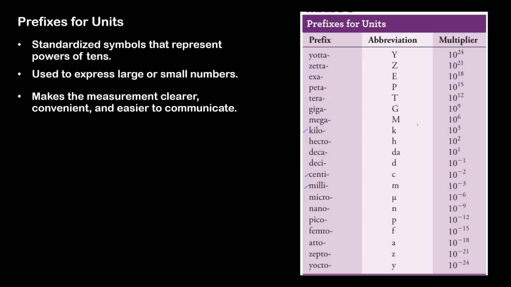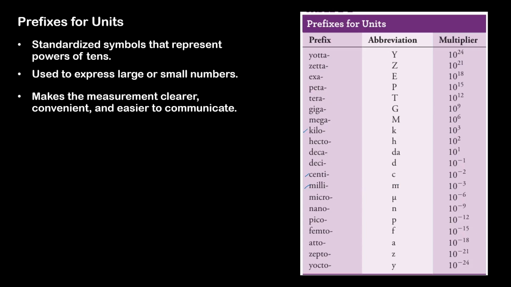So in chemistry, we often deal with quantities that are either extremely large or extremely small. For example, atomic distances are incredibly tiny, while solution volumes in the laboratory can be much larger.